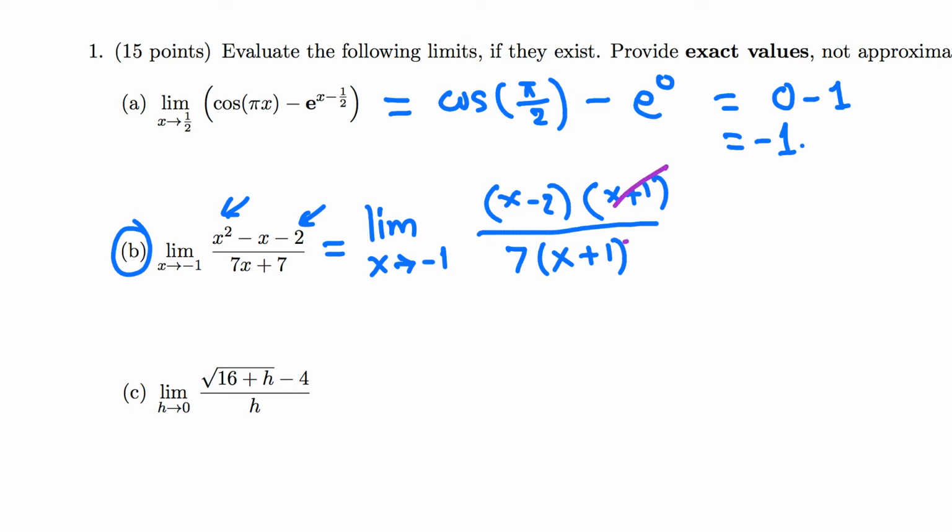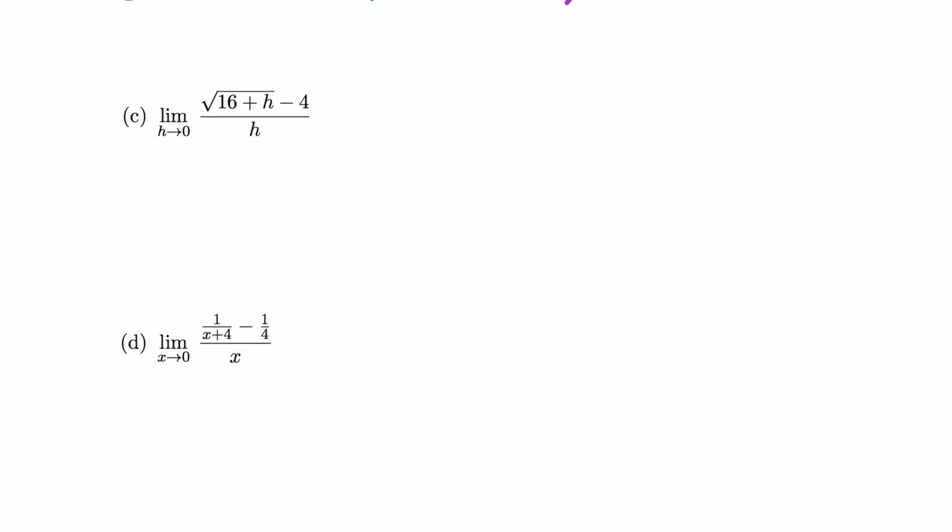Now we can cancel, and all we have to do is plug in x equals -1. So -1 minus 2 is -3 over 7, and that is -3/7.